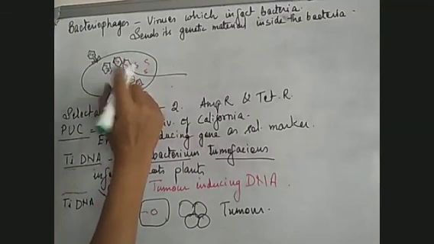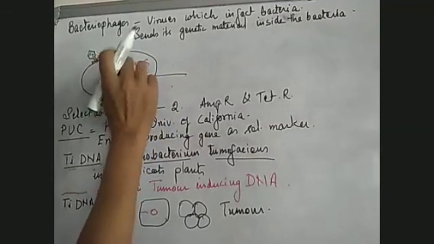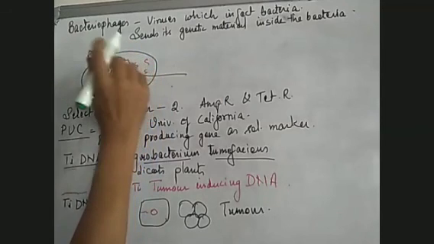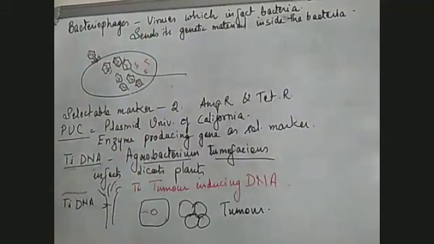The protein for which the information it was carrying was also synthesized, and multiple copies were also made. And this is what bacteriophages do. That means we are using the bacteriophage for our purpose, for sending the desired gene into the host.